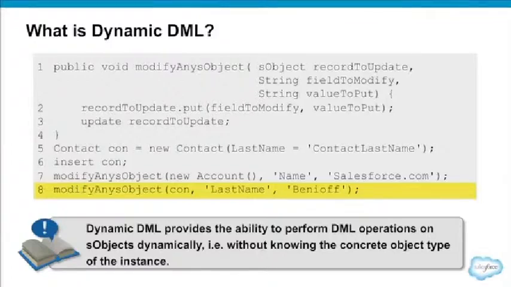The advantage of this is you could create generic methods for, let's say, inserting data into the database, create your own exception handling logic, and essentially you have a wrapper for performing DML where you have universal exception handling logic, and now you can use it with positions, you can use it with accounts, you can use it with any of the S-objects.